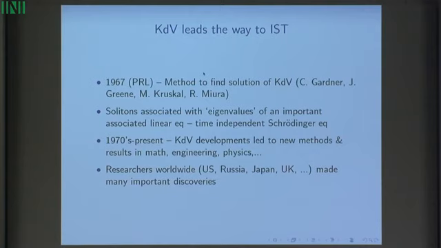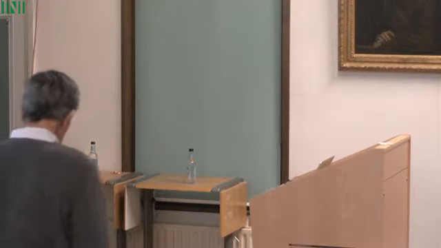And they associated solitons with eigenvalues of an important linear equation, the time-independent Schrödinger equation. This was enough to get people interested. And I was a student at the time, and I remember my advisor, Dave Benney, saying, look at this, which I did. This was incredible.